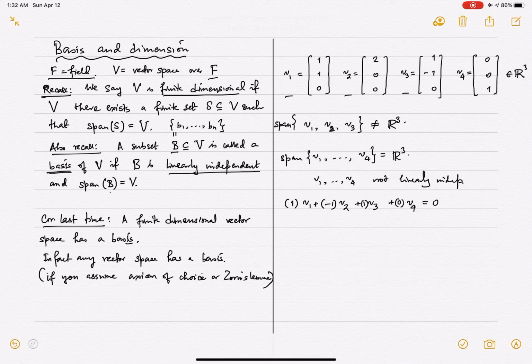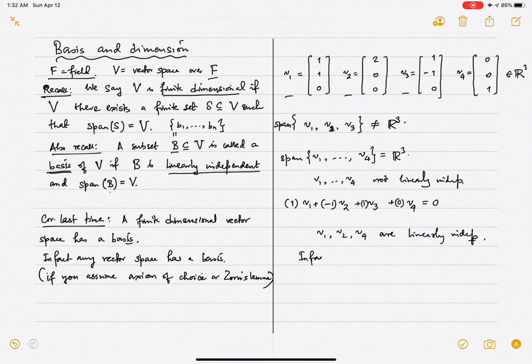Whereas if you just take v1, v2, v4, you can check that these are linearly independent. In fact, these form a basis.